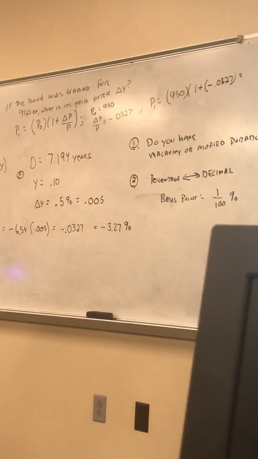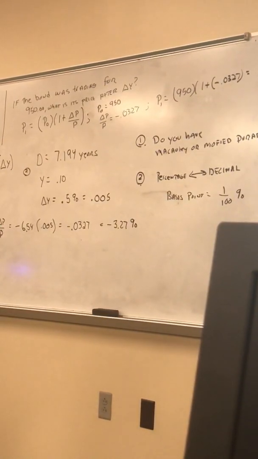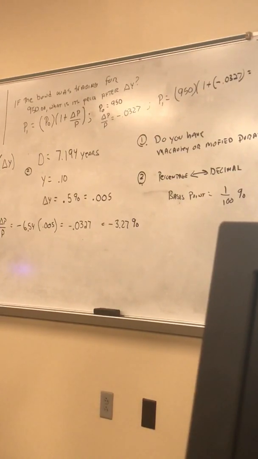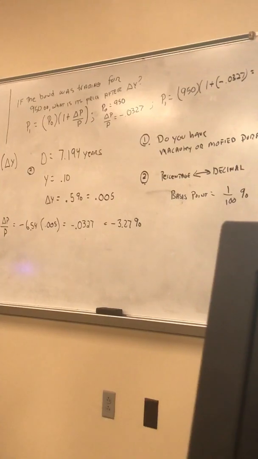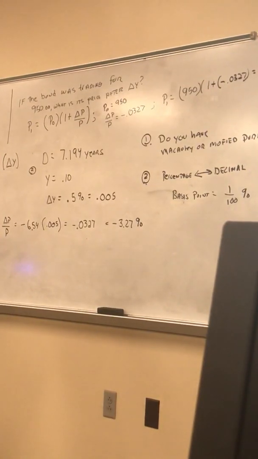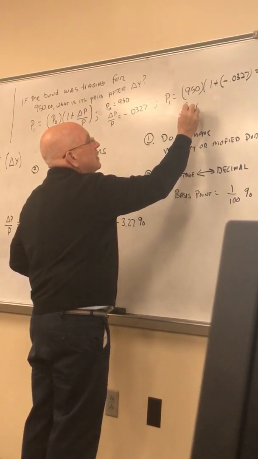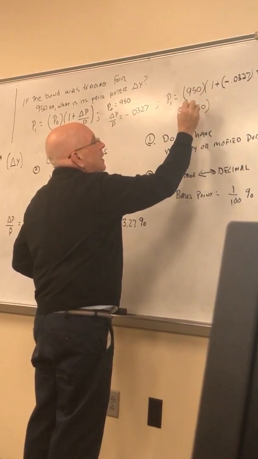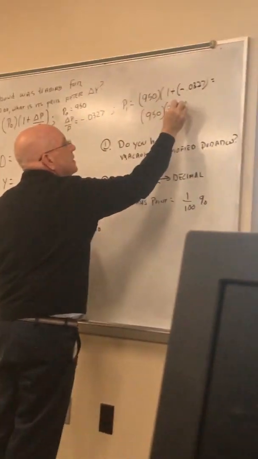Let's do what's inside parentheses first. So 1 plus negative 0.0327 equals, and I like to write it out. I don't like to mush things together. 950 times 0.967.